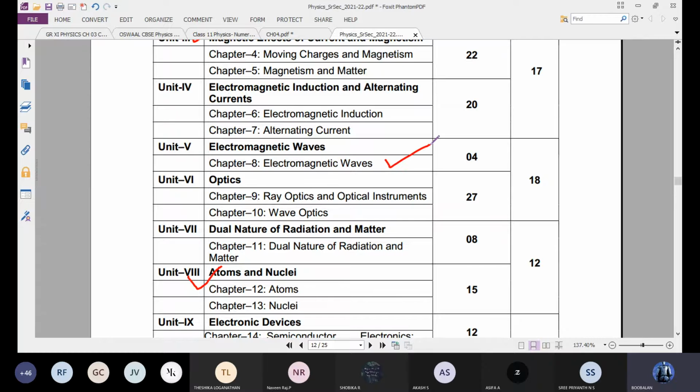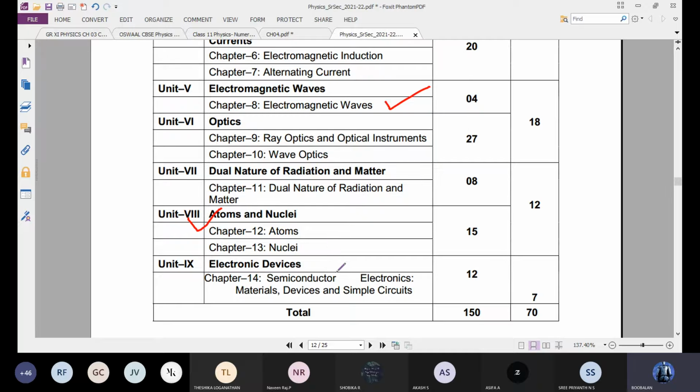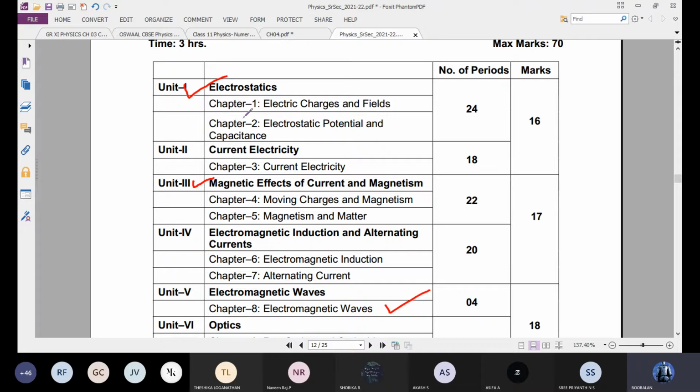So maybe electromagnetic wave, otherwise semiconductor. 50-50. So electronics, magnetism, first track electronics. So electronics means current electricity, electrostatics, electric charge, 3 chapters. So first 2.